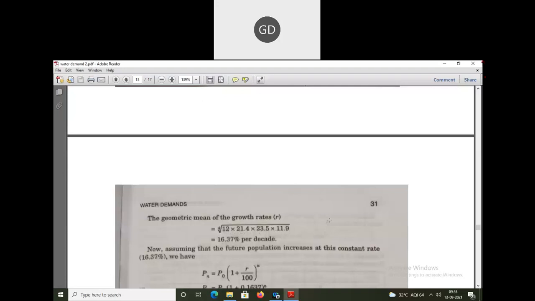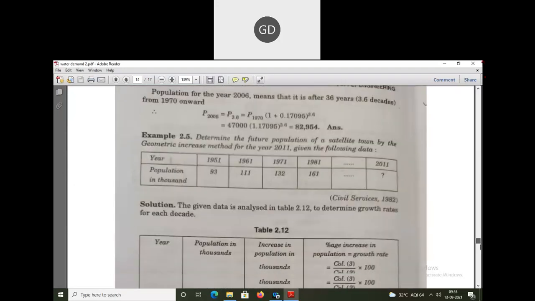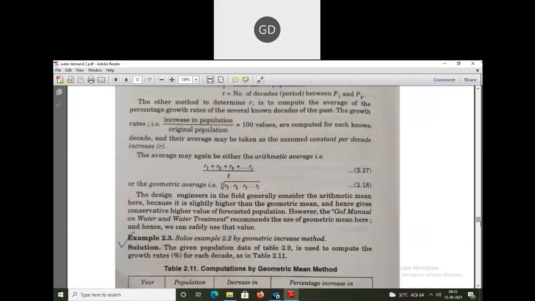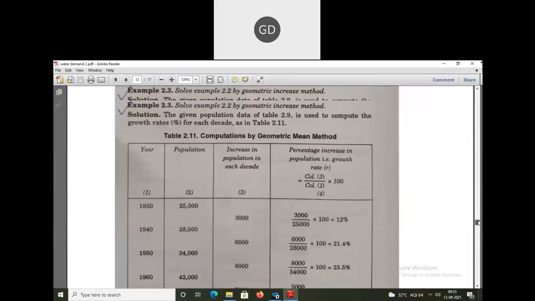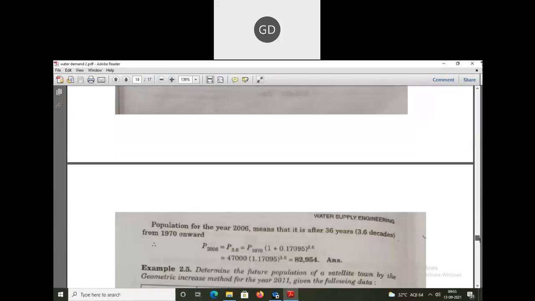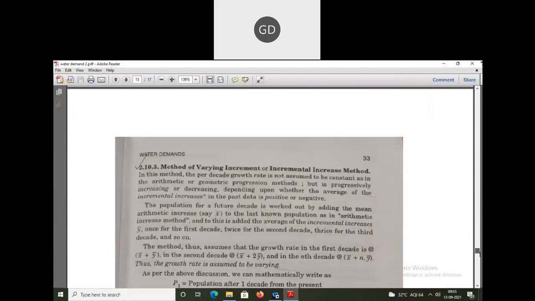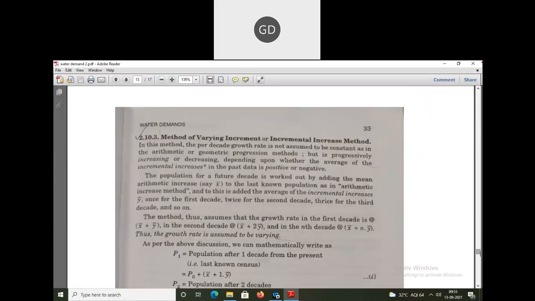Okay, let us finish the next one also, the incremental increase method. So we will learn 3 methods for this forecasting. This incremental increase method is basically used in a city or a town where the population can increase or might also decrease.